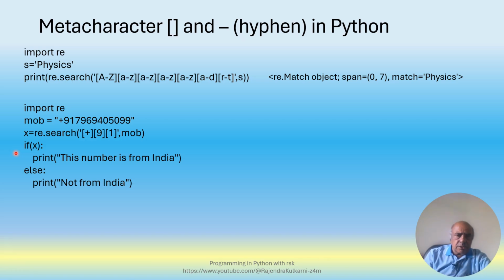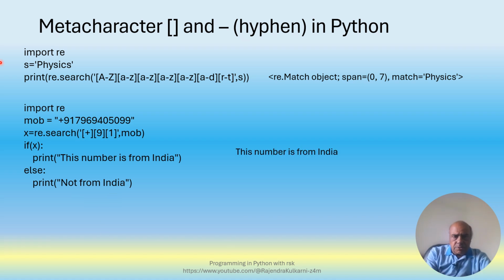Then we check whether X is true or not, and if it is true, using this print statement we output "this number is from India" on the screen. Else, if X is not true, it will give us the output "not from India".